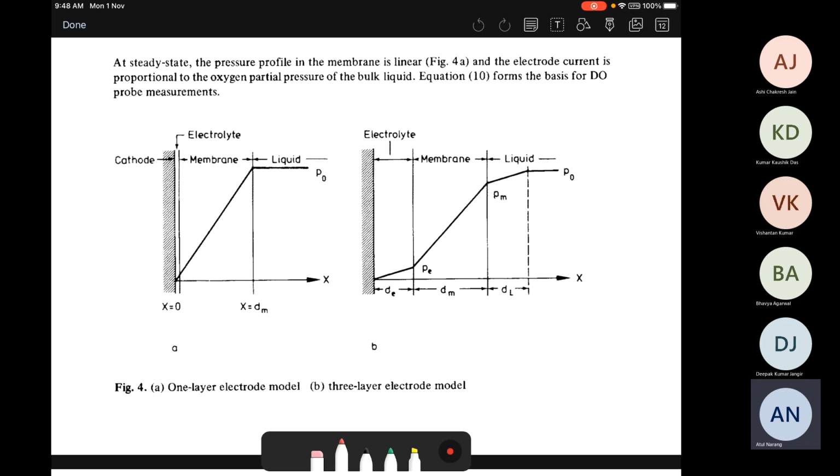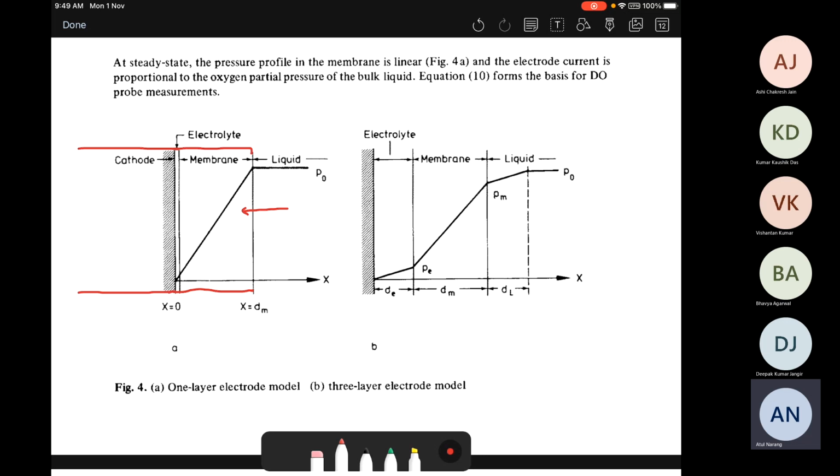Way to the right hand side is the liquid in which the probe is immersed. So this is your probe with the cathode with the membrane on it, and oxygen from the liquid diffuses.